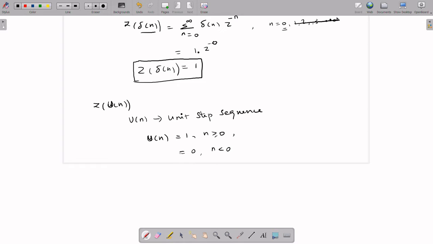When n takes negative values, this becomes 0, and when n is positive along with 0, it will take the value 1, for n is equal to 0, 1, 2, 3 etc. up to infinity.